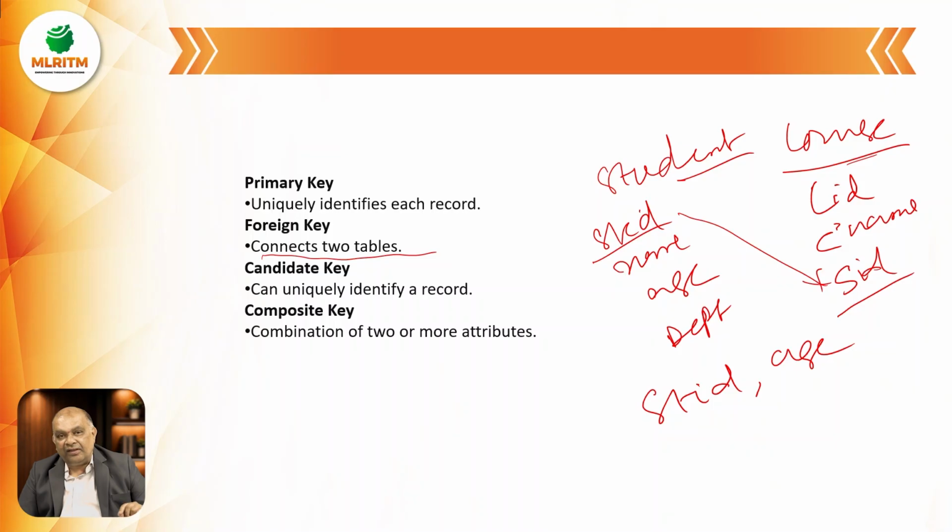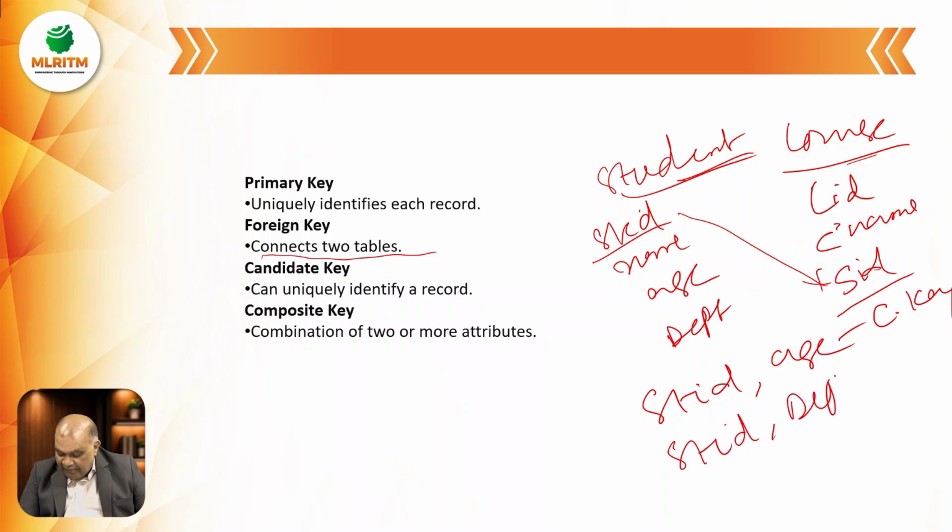That means compulsorily one key should be a primary key and the other should be an attribute of the same table. Which table am I talking about here? The student table. So student ID and age can be one candidate key. I can have student ID and department as another candidate key, and student ID and age as another candidate key.